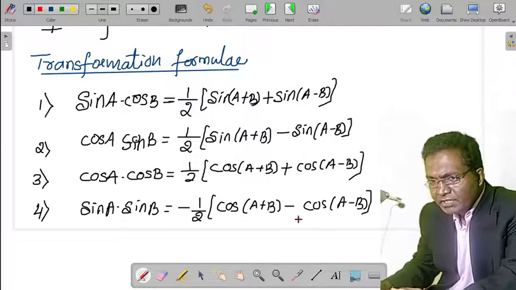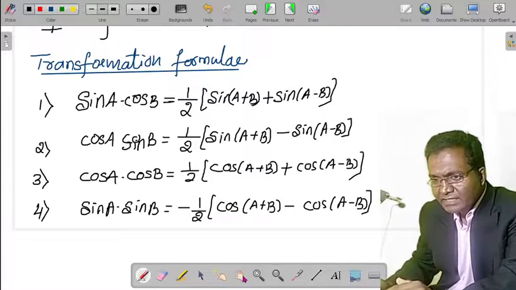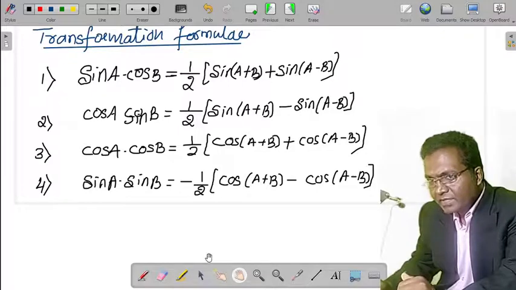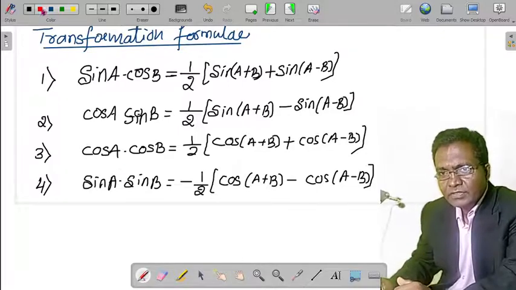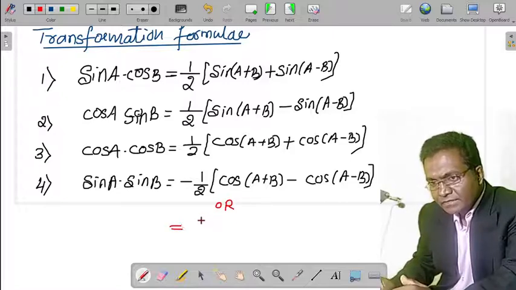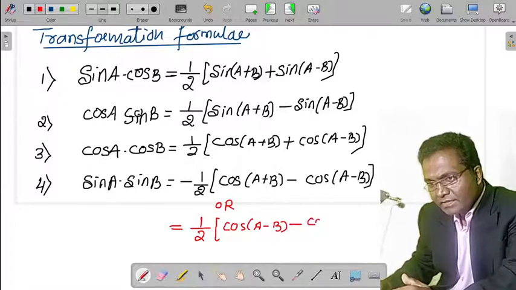Either you can use this, or if you take this minus inside, this term becomes plus and this term becomes minus. So the alternate form is 1 by 2 cos of a minus b minus cos of a plus b.